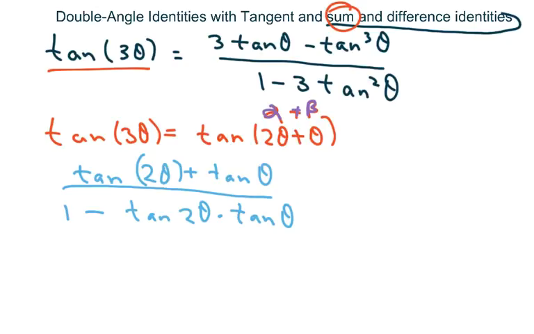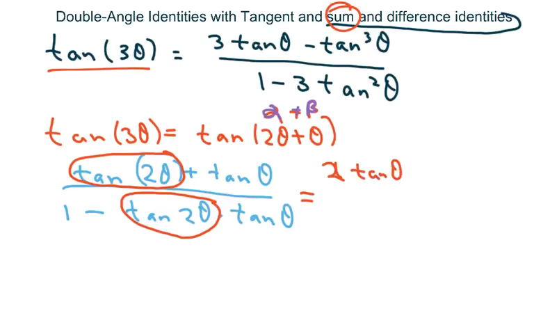Okay, now what I'm going to do is write my identities here for tan of 2 theta, and I'm going to substitute that. So that's going to be 2 tan of theta over 1 minus tan squared of theta.